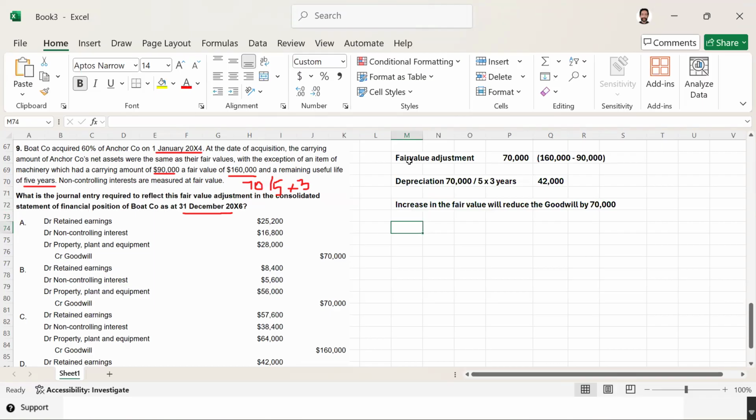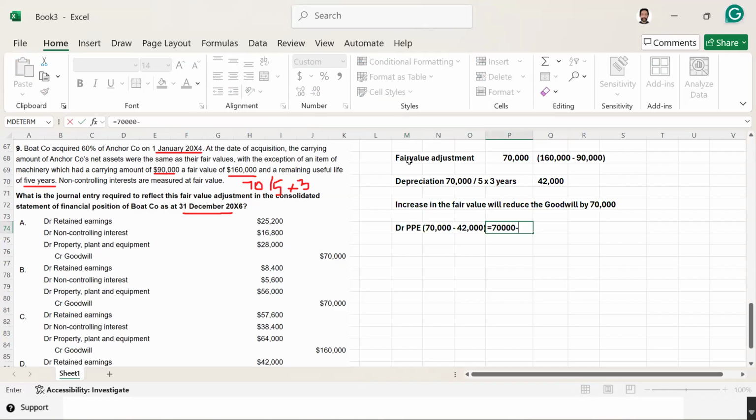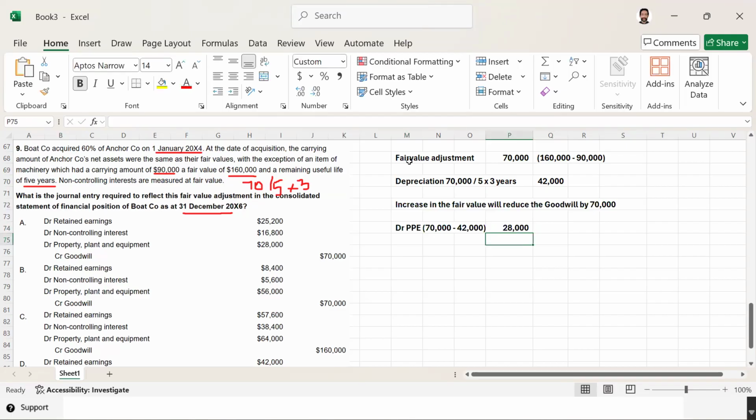If we write the entries, we're going to debit the PPE by the value 70,000 less the depreciation, which is the 42,000. So the item that goes into the property, plant, and equipment is the difference of these two, that is 28,000. And then there is the other part, because we're going to charge this depreciation of 42,000 between the controlling interest and the non-controlling interest.